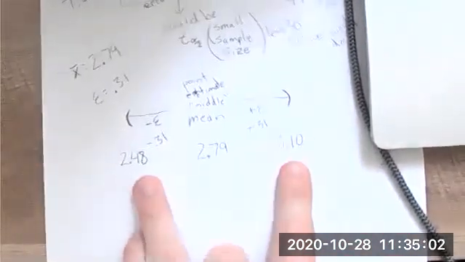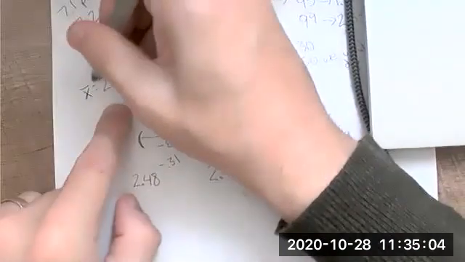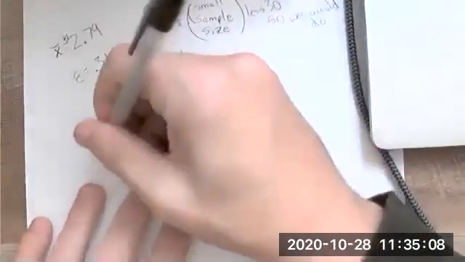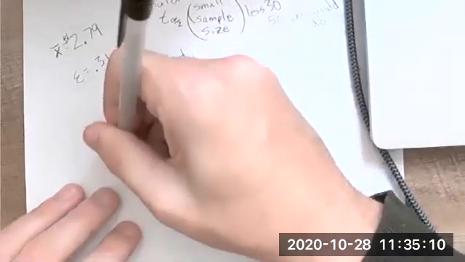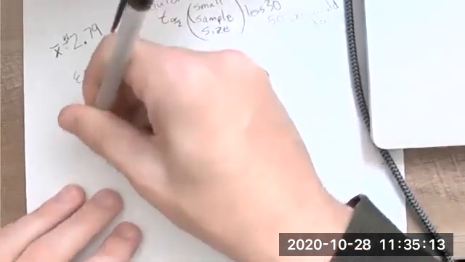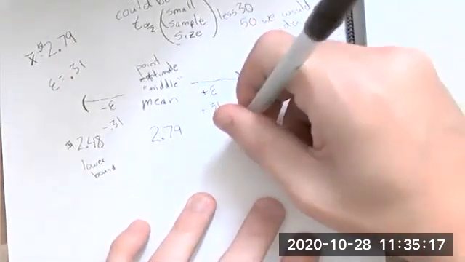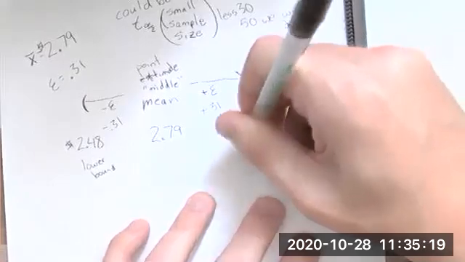And remember, what this means is we were talking money. We were talking the average gas price is $2.79. We're saying now that my lower bound is $2.48. My upper bound is $3.10.